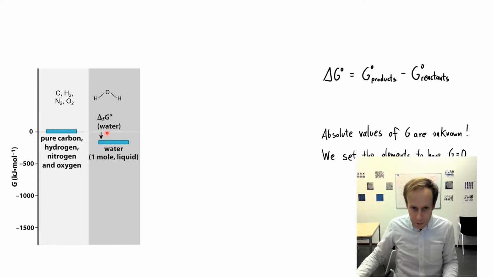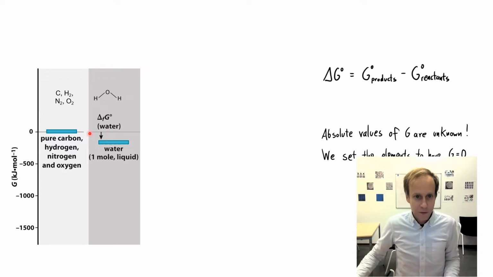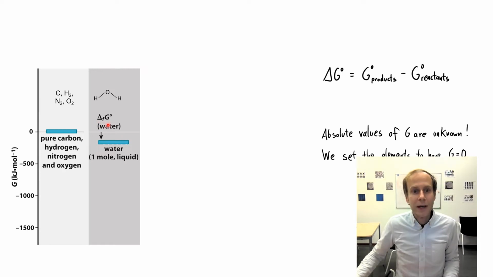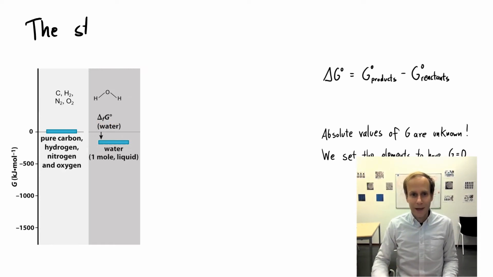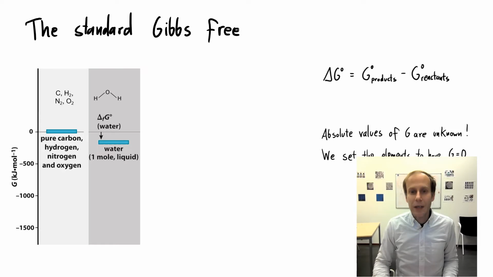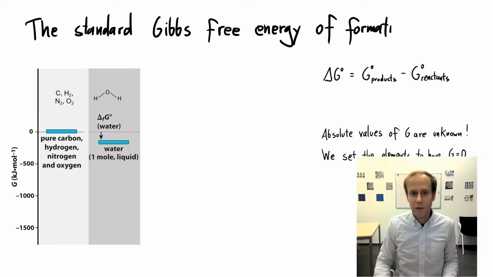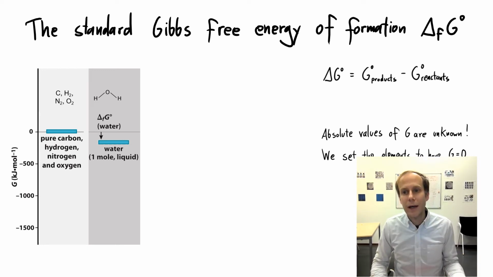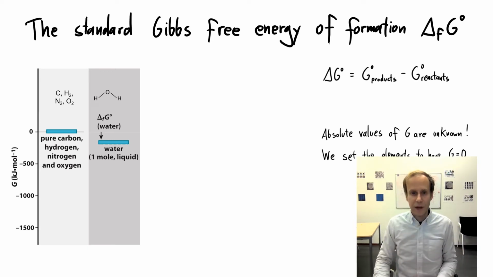And that amount, that it is different from the pure elements, we call the standard free energy of formation. The standard Gibbs free energy of formation, delta Gf standard. So any compound has a value for this delta Gf standard.